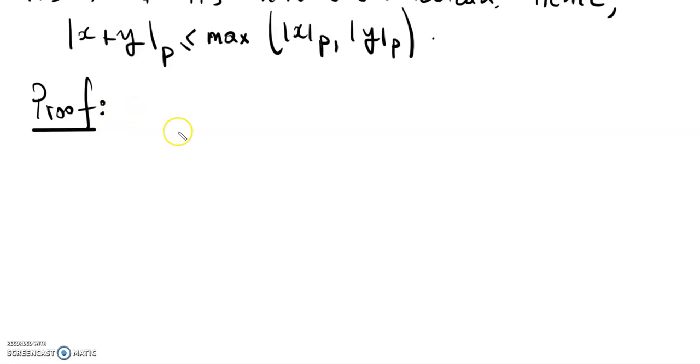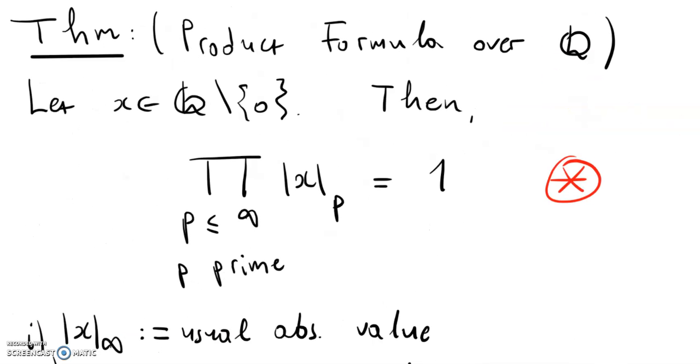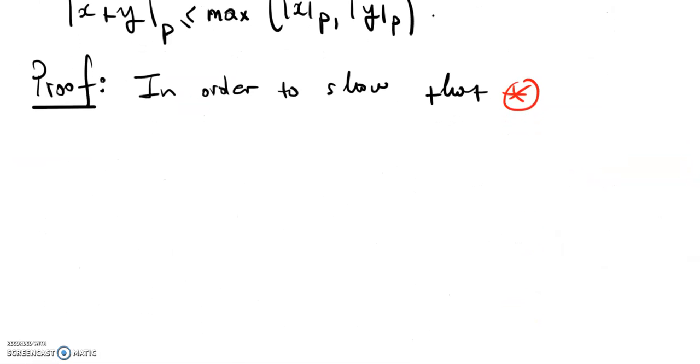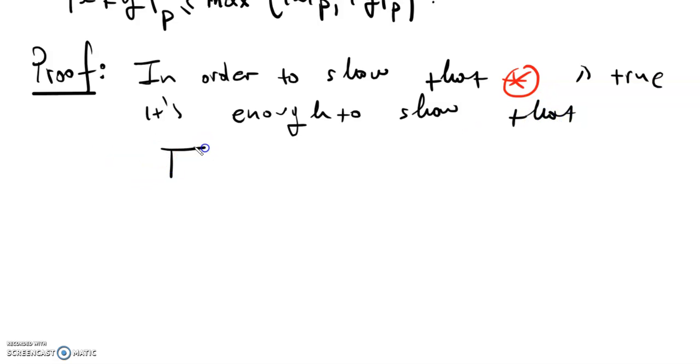The first observation is the following: in order to show that this equality is true, it's enough to show the same thing, but not for rational numbers, just for positive integers.